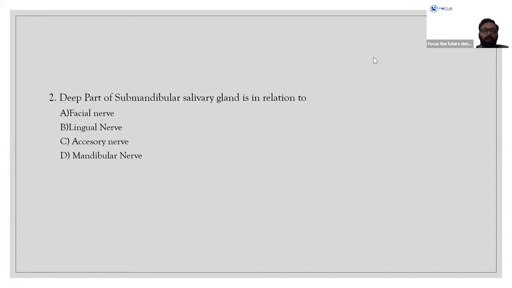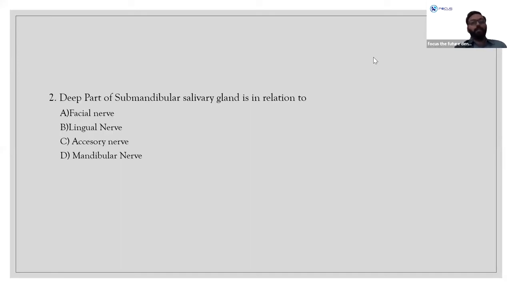No, I'm not asking about the deep part. I'm asking about the relationship of the superficial part to a structure which is lateral to it. Mylohyoid nerve, mylohyoid muscle, everything is there, but in the medial aspect. I'm talking about the outer, lateral aspect. Yes, facial artery, facial vein, and the two branches of the facial nerve.